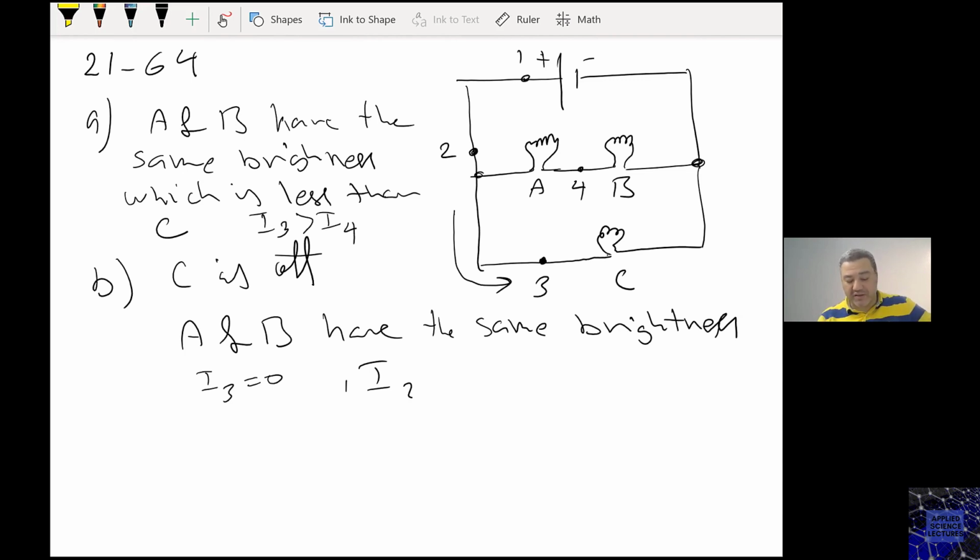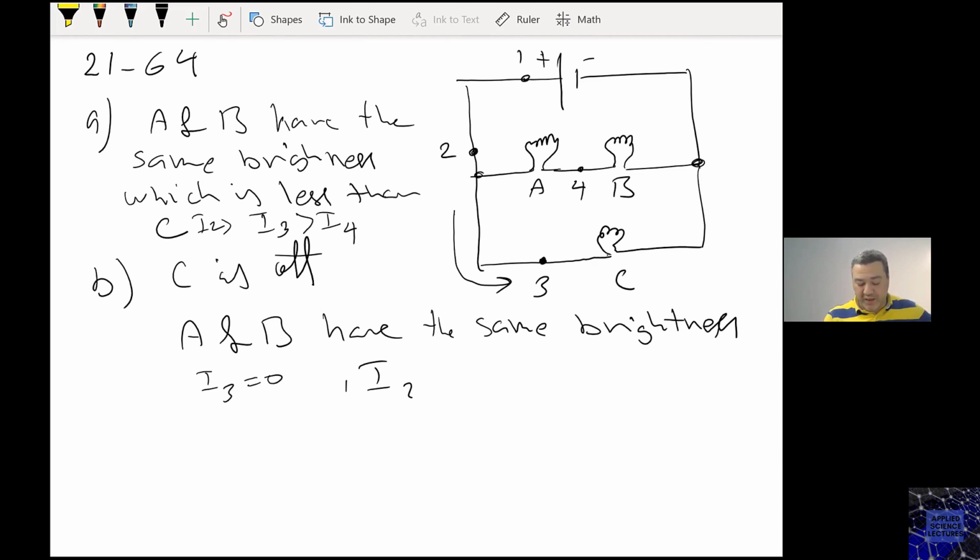Because the resistance in this branch is less than the resistance in the branch that has A and B, which means the current in 3 will be greater than the current in 4, and the current in 2 will be greater than all of them. Why? Because this is the total current. This total current I2 is going to split into I4 and I3. So I2 is the summation of I3 and I4, right?